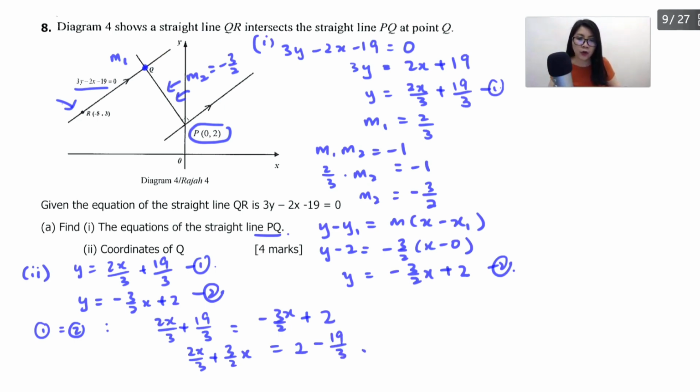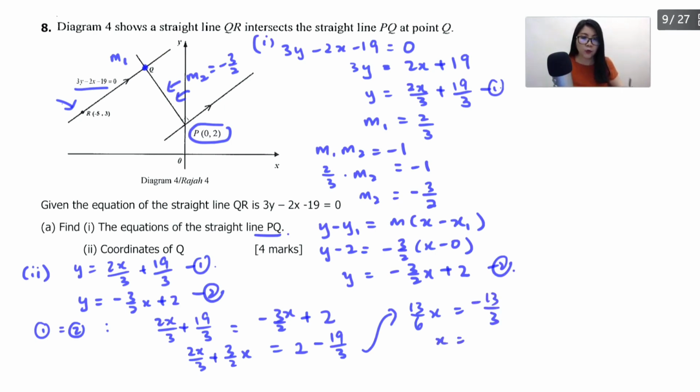Calculating, 2 over 3 plus 3 over 2 gives 13 over 6 x, and 2 minus 19 over 3 gives negative 13 over 3.